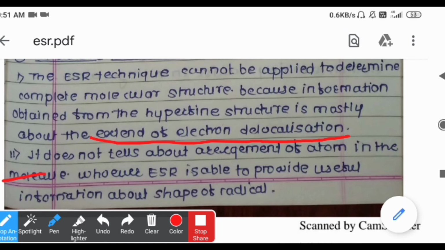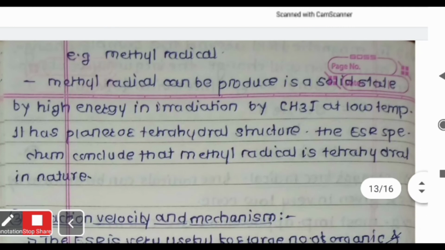So ESR is able to provide only useful information about the shape of radicals. It will not tell you the exact structure, because it depends upon the extent of electron delocalization. How this is useful we can explain on the basis of the methyl radical.